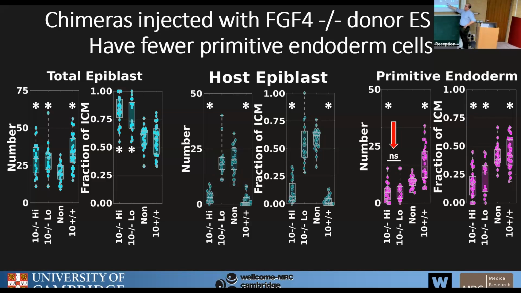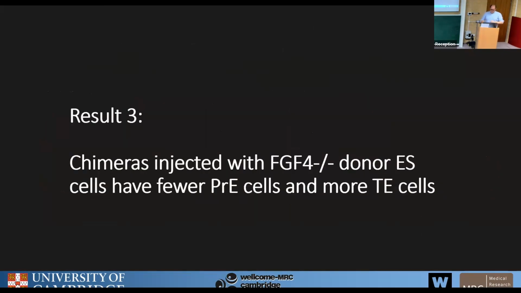So what this is saying to me is that we lose our host ICM population prior to the specification of the ICM. Otherwise, you might see host ICM producing FGF to actually drive primitive endoderm specification, but that is not what we're seeing. So donor cells can evict the host tissue from the epiblast.